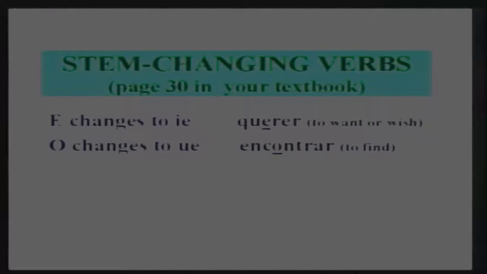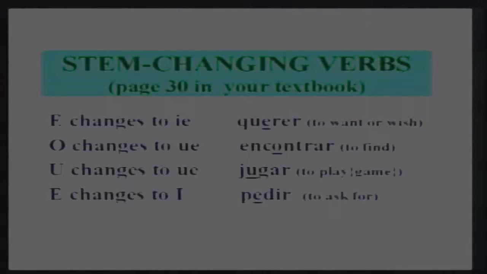In jugar, to play, remember we're talking games here or activities, the U is what changes to UE. And in the E to I, as in the verb pedir, to ask for, the E changes to I. So we're looking at changing the verbs, the stem, in the present tense.